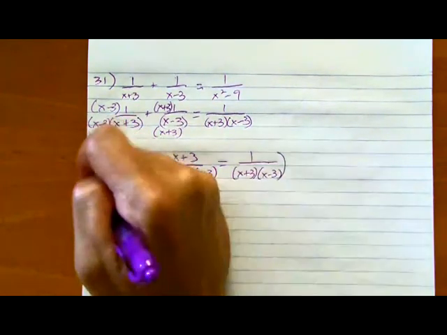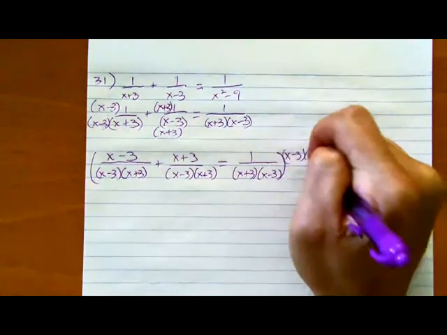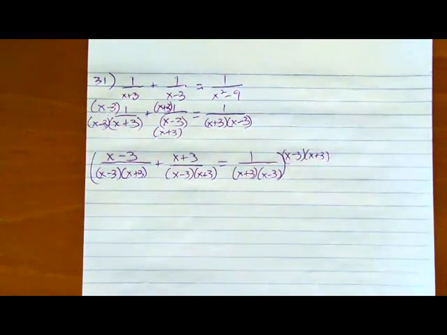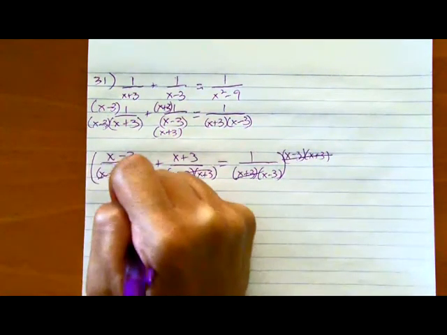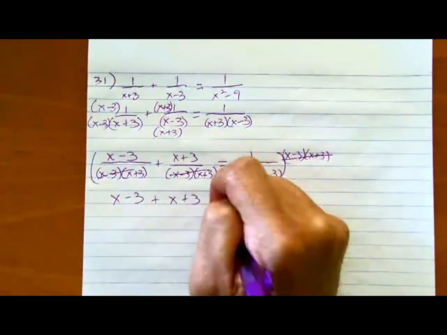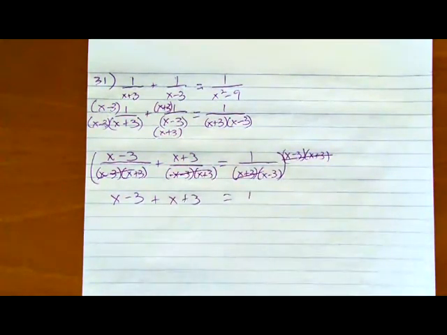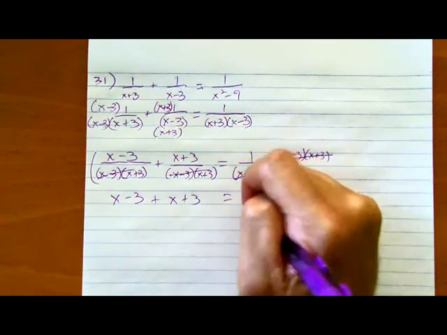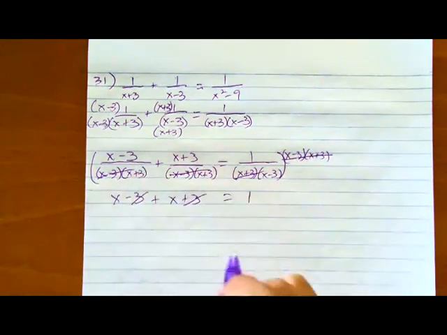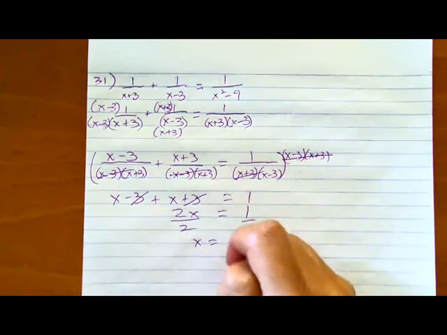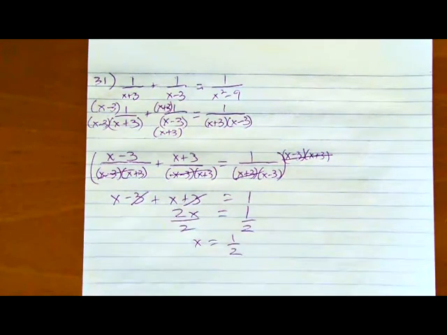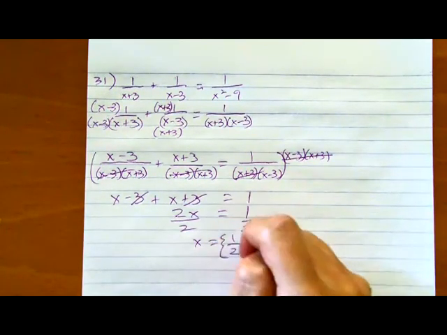If we multiply by x minus 3, x plus 3 on both sides, it'll cancel out all the denominators. x minus 3 plus x plus 3 equals 1. Now we just solve for x. That cancels. 2x equals 1. If you look at the original problem, none of the denominators will be 0. So this is a solution.